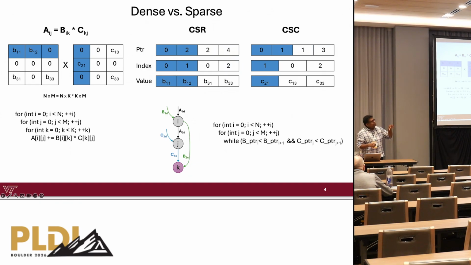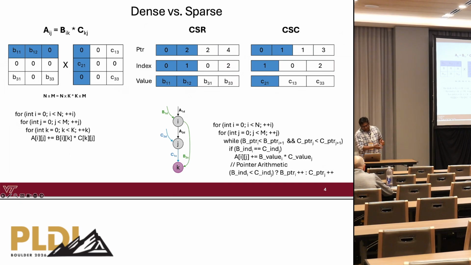Now this is what we call a two-finger loop. You might have encountered this if you have written some sort of a merge program, or the merge part of merge sort. Now you have to walk through these two compressed arrays and update those pointers, and only whenever the indices become equal do you get to perform the computation.